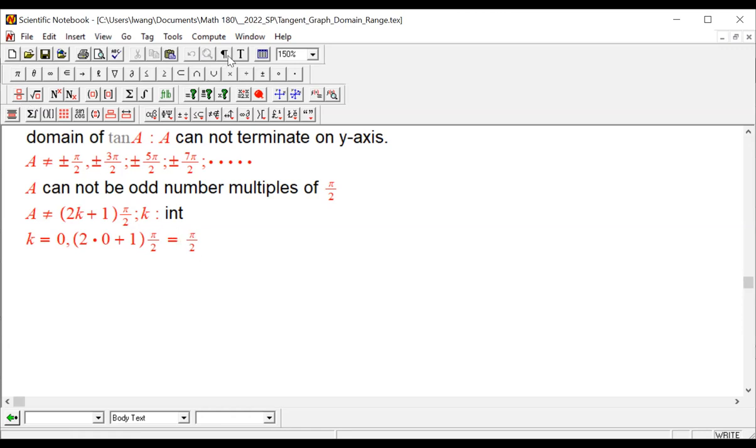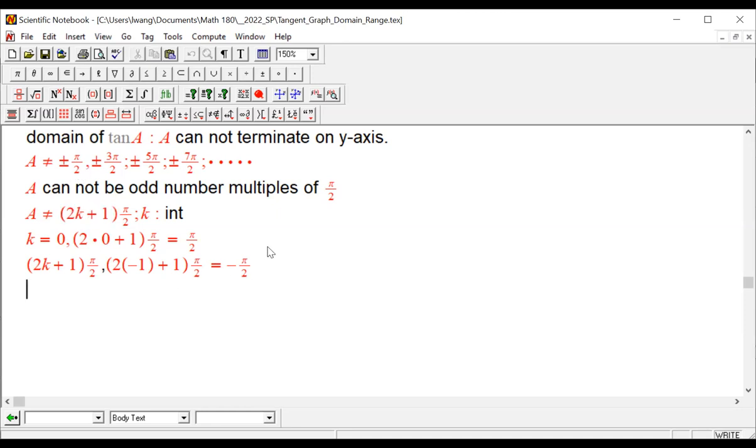If you choose k equals -1, that's an integer, and then 2k plus 1 with k replaced by -1: 2 times -1 is -2, -2 plus 1 is -1, and -1 times pi over 2 is -pi over 2. So we got -pi over 2 covered. We cannot equal plus minus pi over 2, so this form gets plus minus pi over 2 covered.